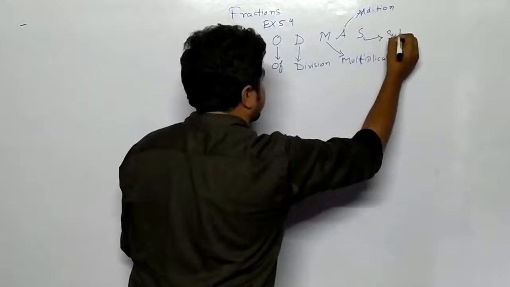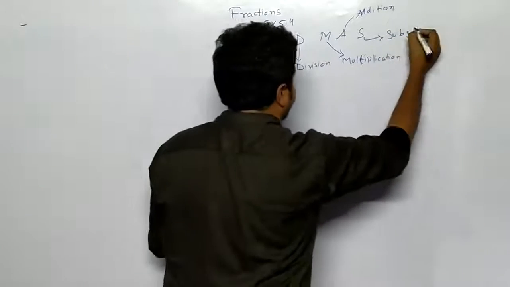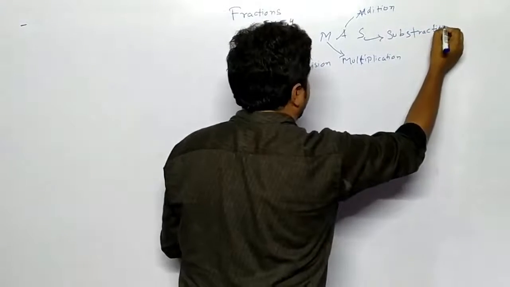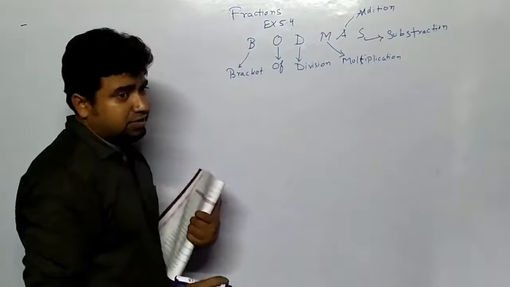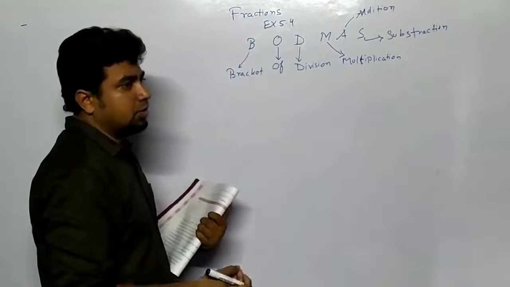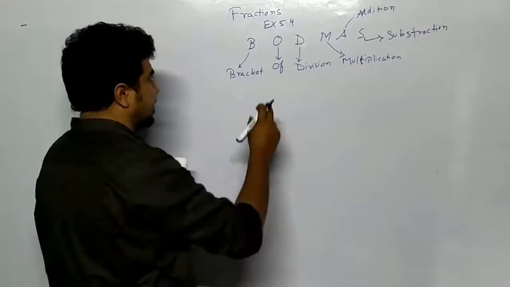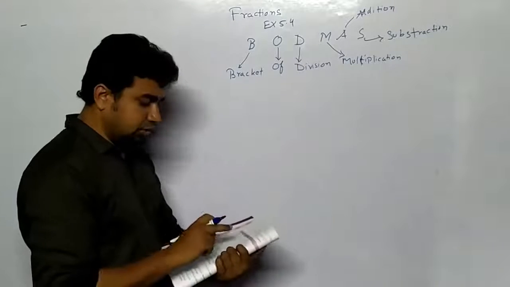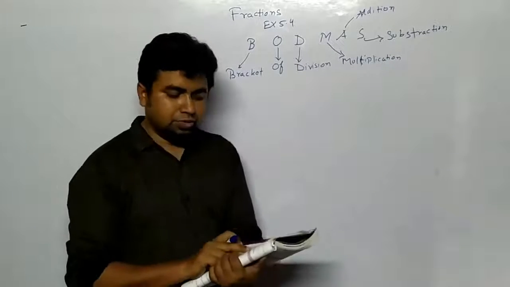So these are the things you have to keep in mind while solving a question, that you have to solve in this order. If a bracket is there, you give preference to the bracket first, and if an of sign is there, you give preference to the of sign. So I am going to discuss a question related to it.